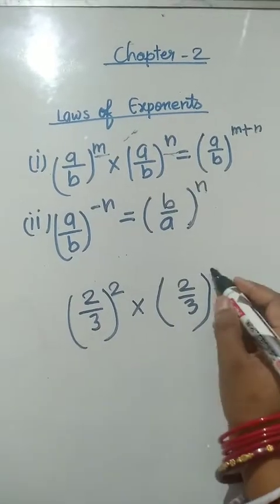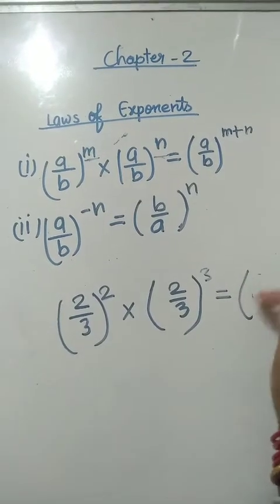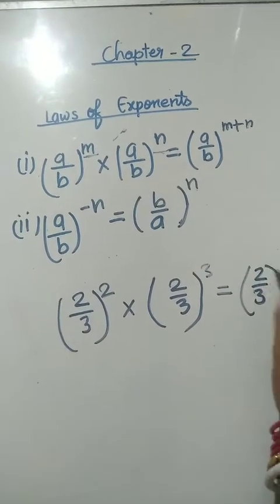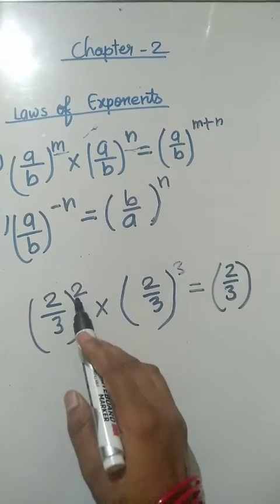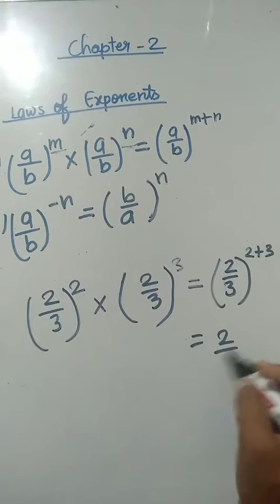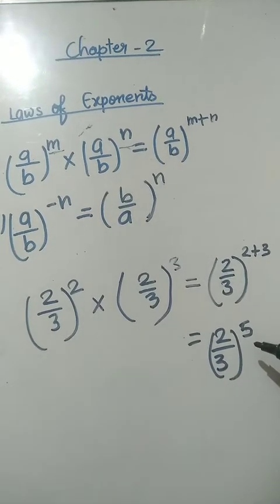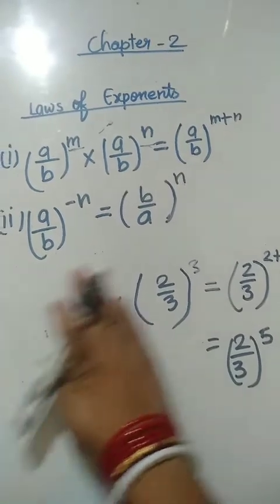So 2 and suppose this one is 3. Lastly we can write a/b, that means again 2/3 to the power m plus n, that means we have to add both the powers, 2 plus 3. And we can write this as (2/3)^5, since 2 plus 3 is 5. I hope all of you understood the first formula.